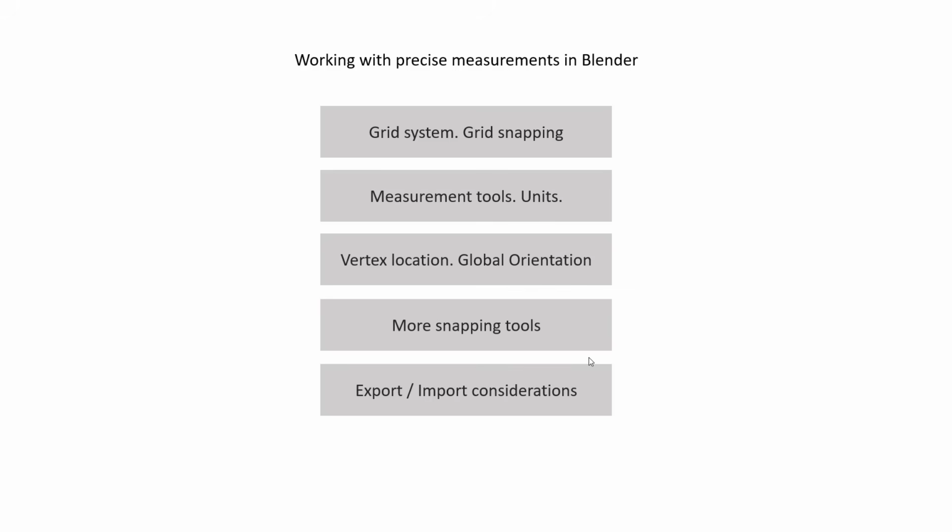This is why you need to know exactly what kind of difference you have between Blender and your program. So I can't help you here. I can just remind you that this might happen, but you must do your research and find what kind of difference you have. Now let's go into Blender, talk about grid system.